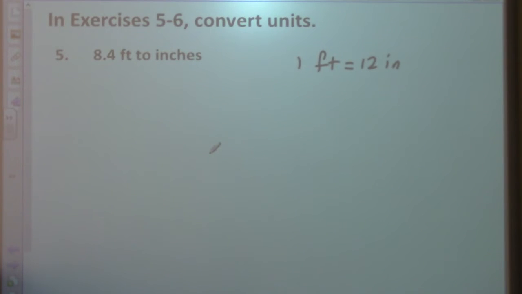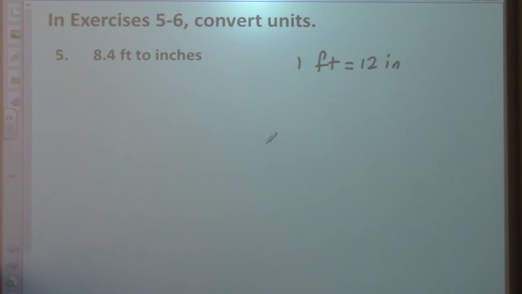And you can use dimensional analysis to set this up, cancel feet and be left with inches. So you should get what for this? 100.8.